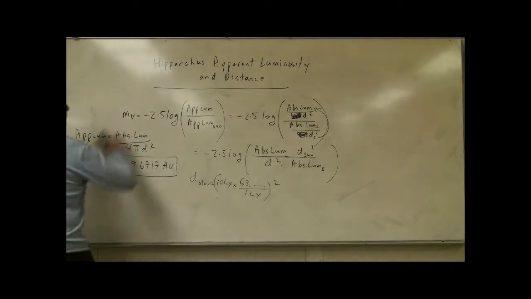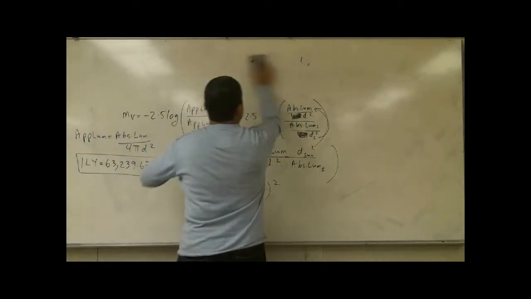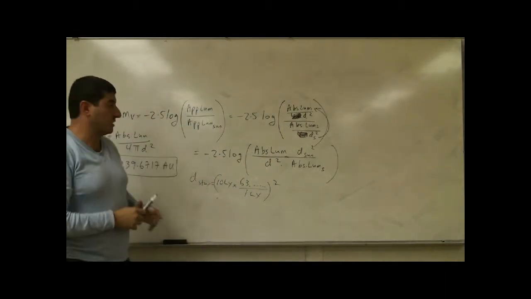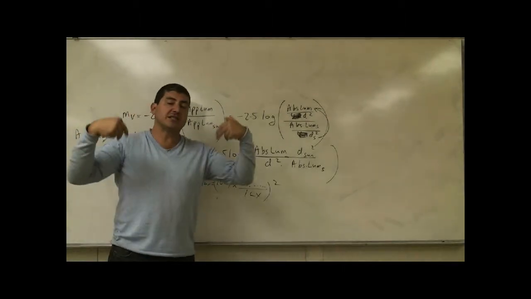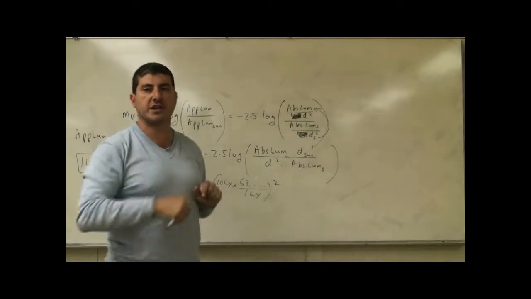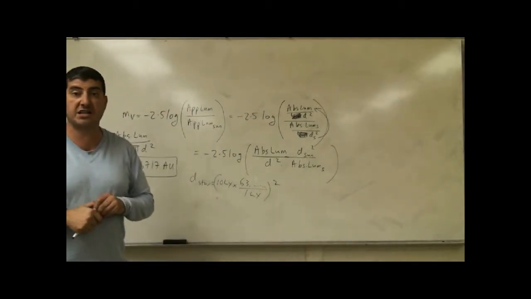I'm basically building an equation so that if you tell me the distance of a star in light years, I can convert it and calculate the apparent luminosity of that star.